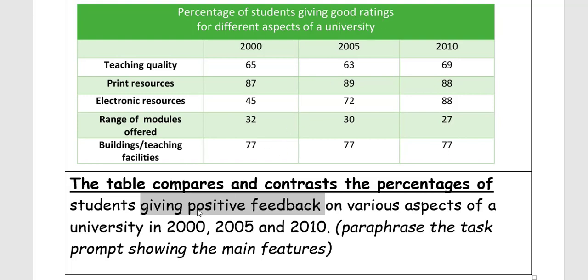Good ratings basically means giving positive feedback on various aspects. Various means different aspects of a university and you need to be more specific in 2000, 2005, and 2010. So paraphrase the task prompt showing the main features.